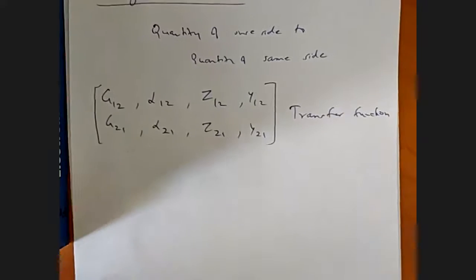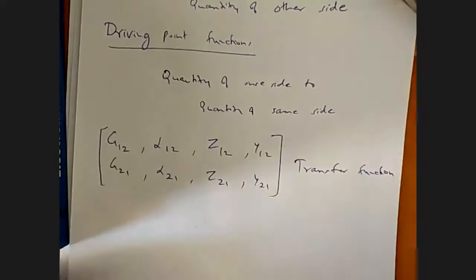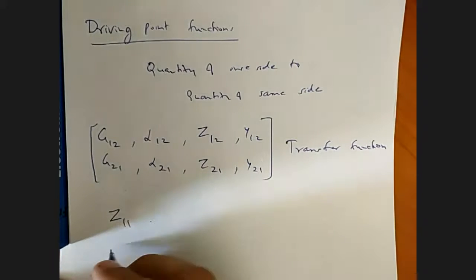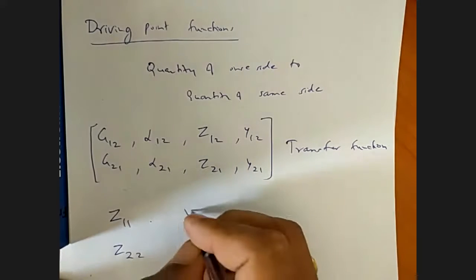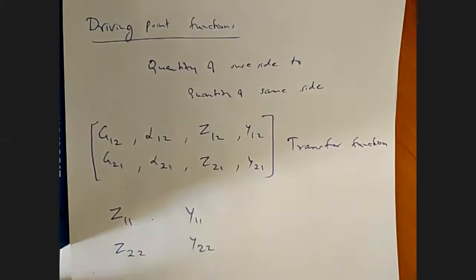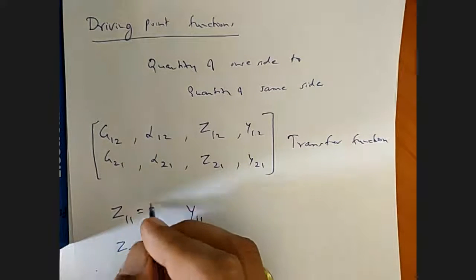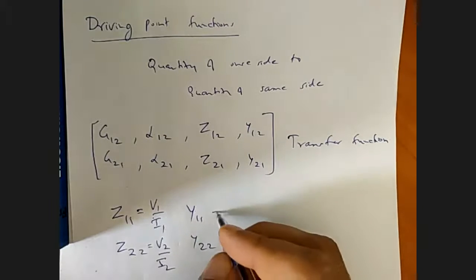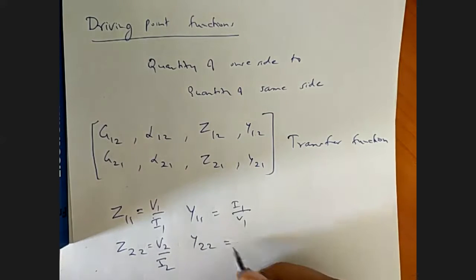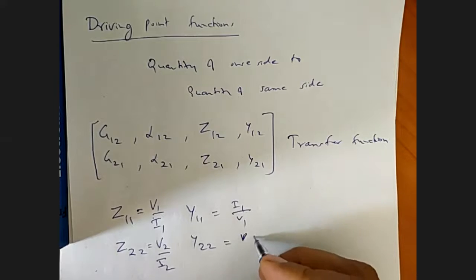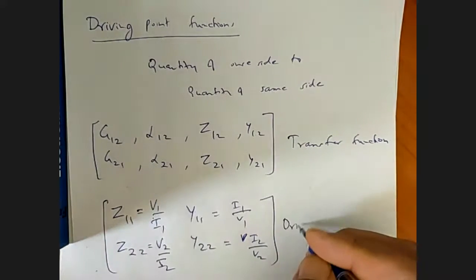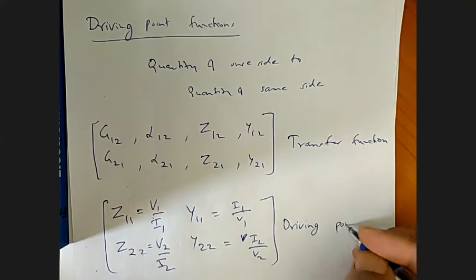And if we are talking about the same quantities, same terminals, then it will be Z11, Z22, Y11 and Y22. Z11 will be V1 upon I1, Z22 will be V2 upon I2, Y11 will be I1 upon V1, and Y22 will be I2 upon V2. These are your driving point functions.